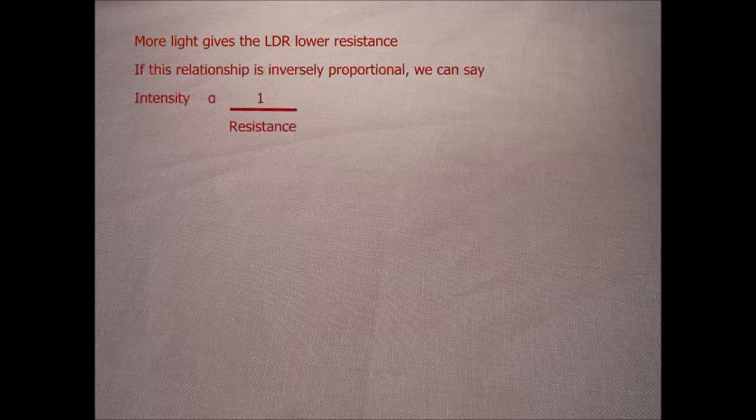From semiconductor physics that we cover later in this series, more light gives the light dependent resistor lower resistance, unless it's an unusual positive light coefficient LDR. If this relationship is truly inversely proportional, that means the intensity of light is proportional to 1 over the resistance.